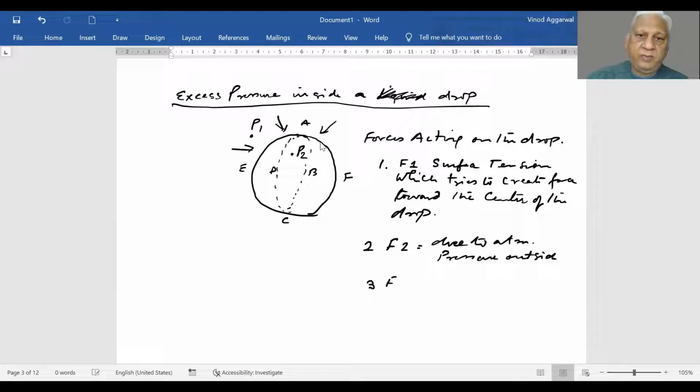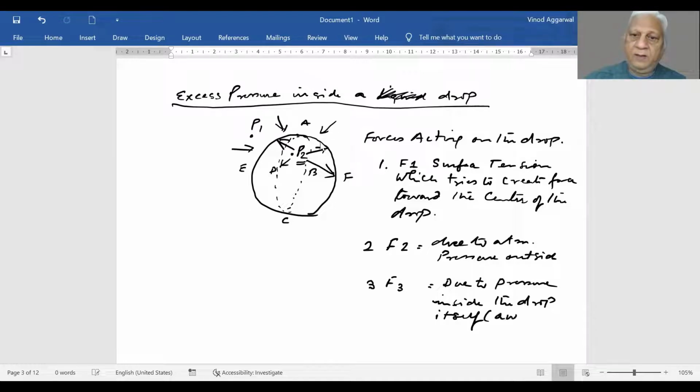Third is F3, due to pressure inside the drop itself. You have a pressure P2 inside, which will try to push in this direction, away from the center.